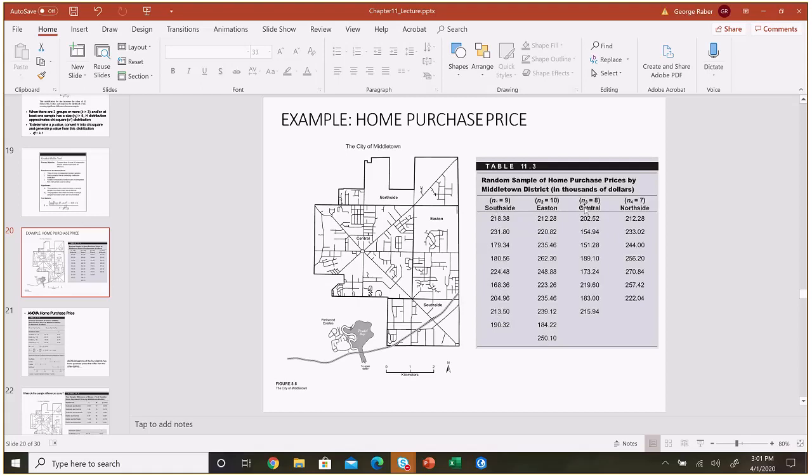These are homes purchased in each group, and we want to determine if the home purchase price, which is in thousands of dollars, so this is $218,000, in each region of the city, are they significantly different from each other, or are they the same? We might be asking that question because we want to know, are the housing prices different? Is one area better off than the other areas?